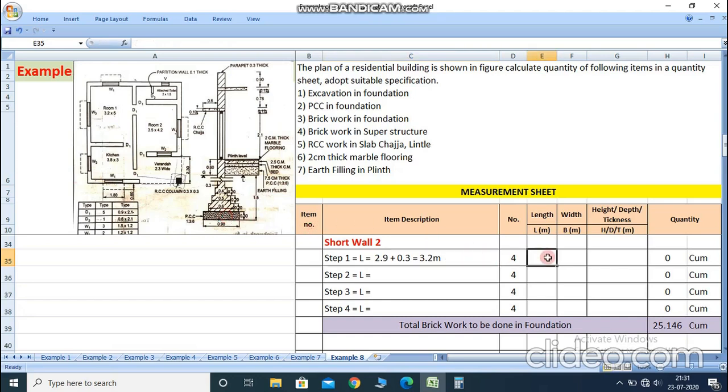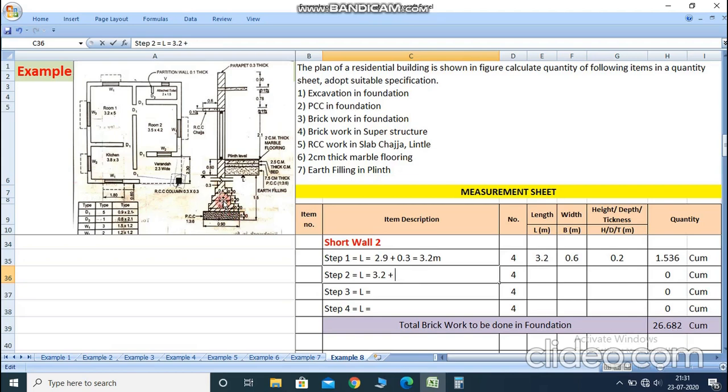So we write the length here as 3.2. The width is already given in the section part as 0.6, and the thickness is already given as 0.20. So right here, 0.20.